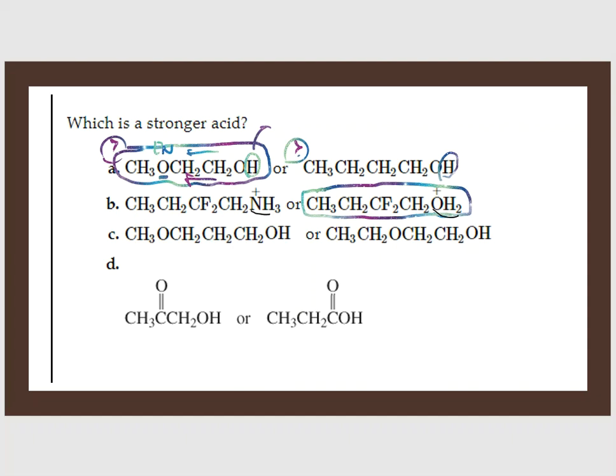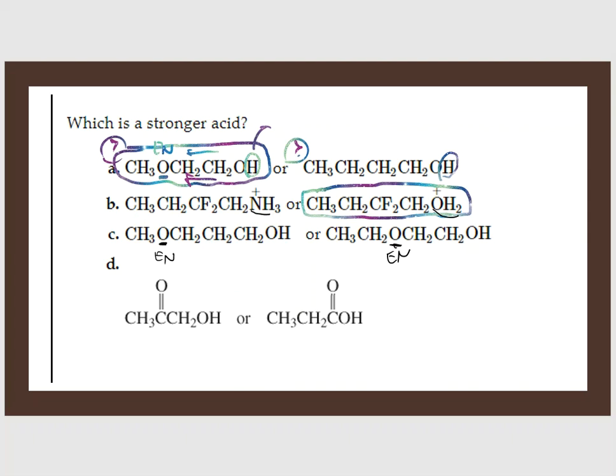Part C, again, we've got two different groups. If I look at the differences here, the OH group here on the end, and then it looks like 1, 2, 3 carbons over to the left, I have an O. And then on this one, 1, 2 carbons to the left, I have an O. So out of these two choices, we know that the position of the O is different. This is the electronegative atom, and this is my electron puller.